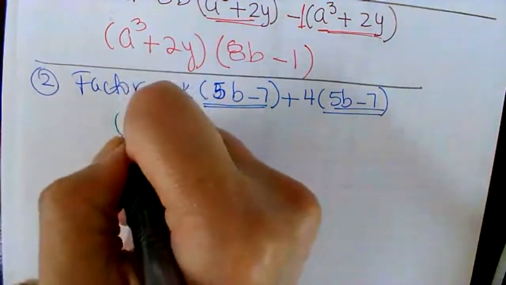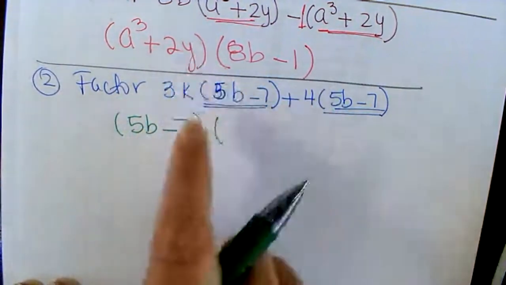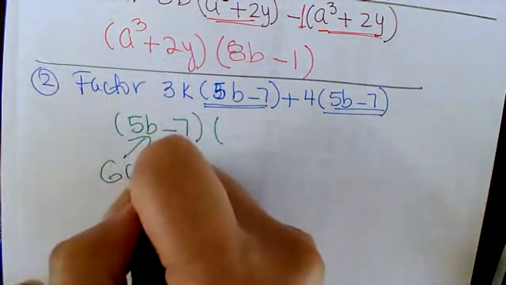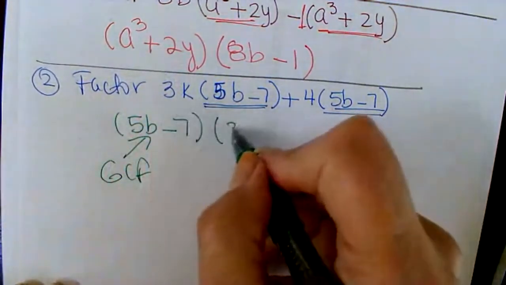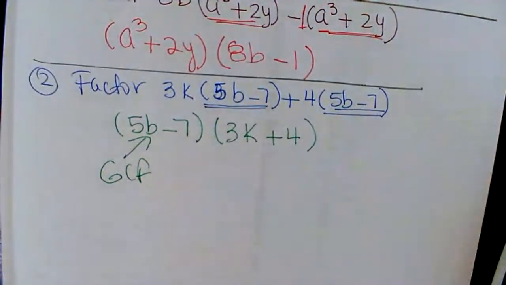So let's get it out. 5b minus 7. Greatest common factor. And what is the leftover? 3k plus 4. Okay? So we just learned to find the greatest common factor and to factor it out.